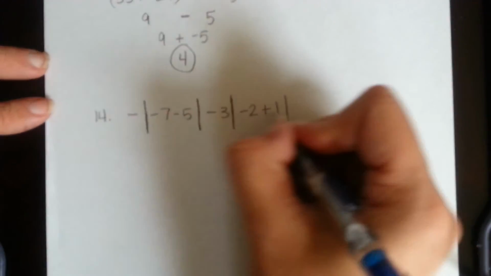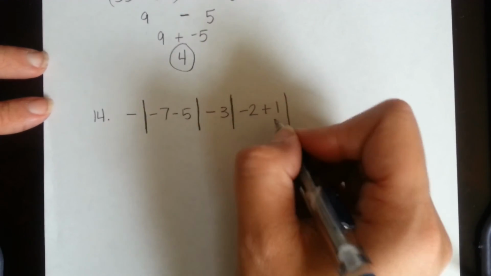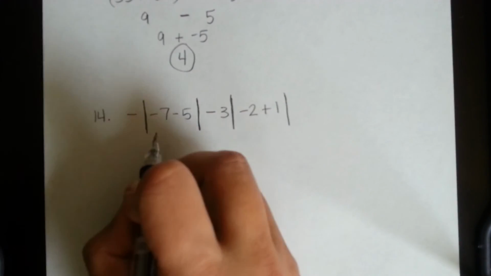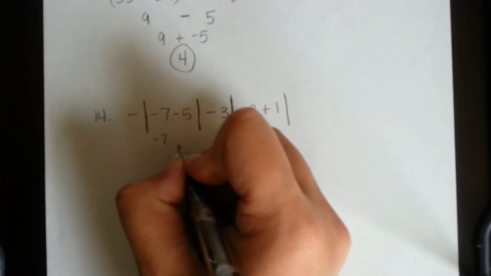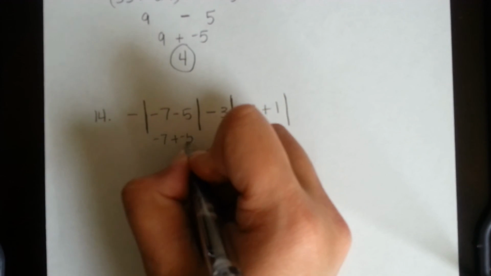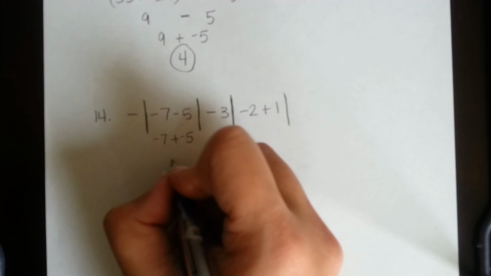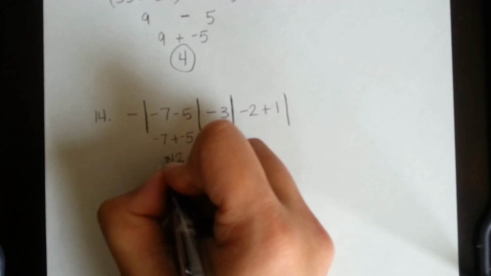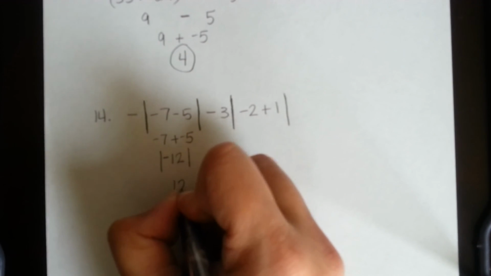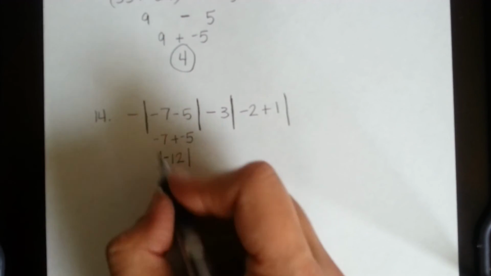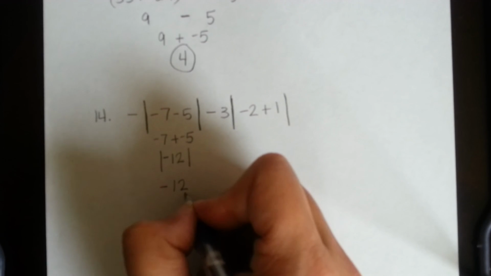Same thing here, this set of absolute value bars, we would do the stuff inside of them first. So in here we have negative 7 minus 5. So that's the same as negative 7 plus negative 5. Signs are the same, so we would add those, keep the sign. So we're looking for the absolute value of negative 12, which would be 12. Now we have the minus sign out front, so that's a negative 12.